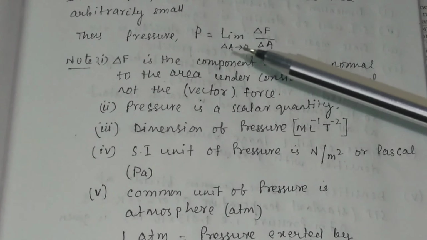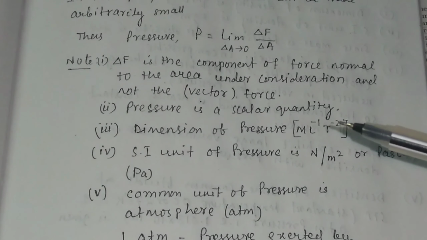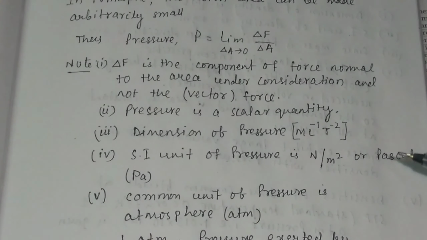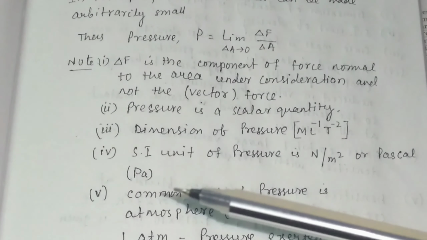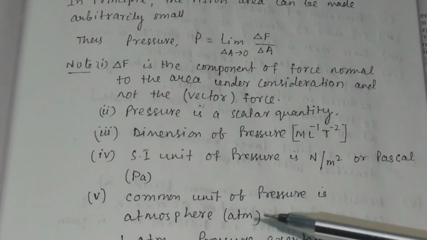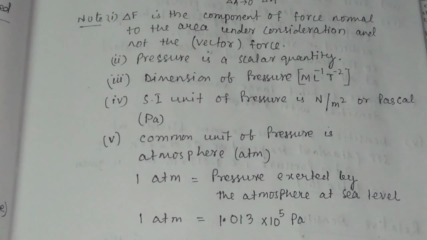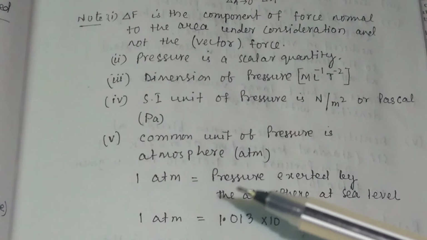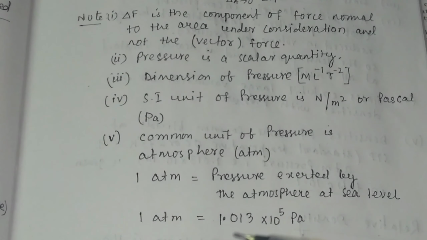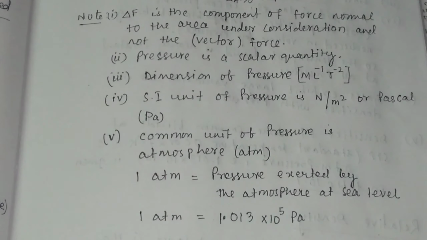The dimension of pressure is M L^-1 T^-2, and the SI unit of pressure is Newton per meter square, also called Pascal, with symbol Pa. A common unit of pressure is the atmosphere, denoted by atm. You should remember that 1 atmospheric pressure is equal to the pressure exerted by the atmosphere at sea level, and 1 atm is equal to 1.013 into 10 to the power 5 Pascal.